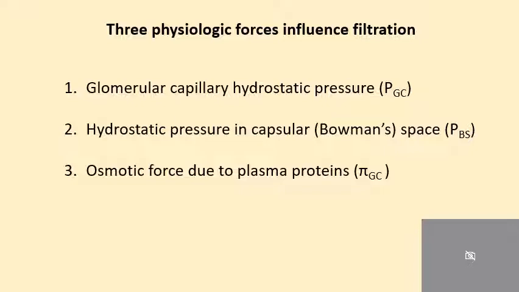Pressure number two is the hydrostatic pressure that the filtrate places on the wall of the glomerular capsule. So the pressure inside the capsular space. Those two are hydrostatic pressures. More on those in a little bit. Our third pressure is an osmotic pressure. That's new for us, and I'll use the right slide to explain that when we get there very shortly.